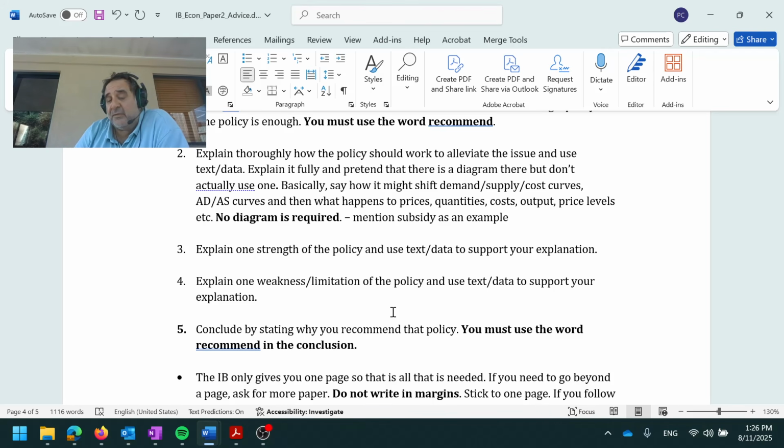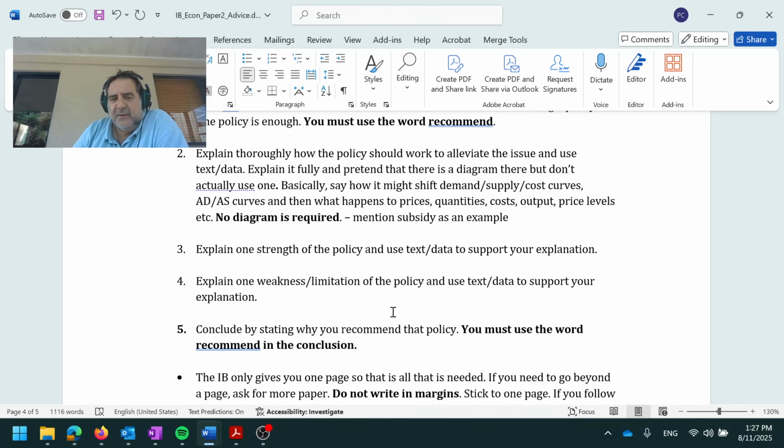So obviously your limitation there would be that the tax may not be so effective because the demand for the product is inelastic, and so you're not going to get a significant change in the consumption or production of the product that you're dealing with. So, that's a good thing to do.